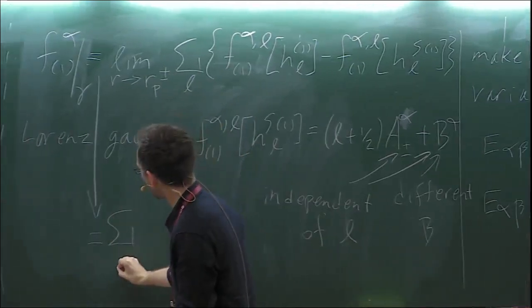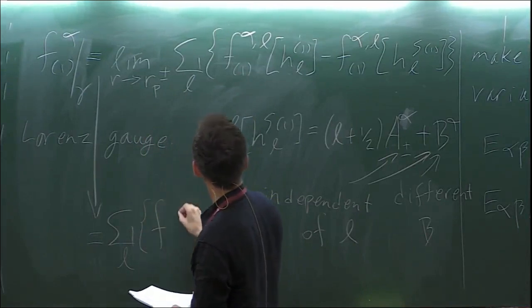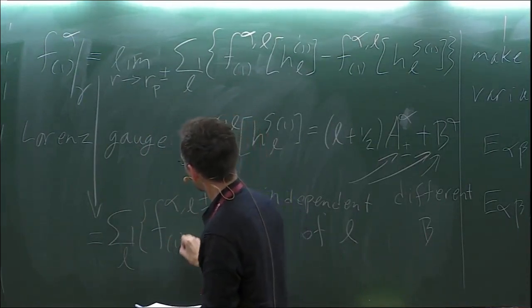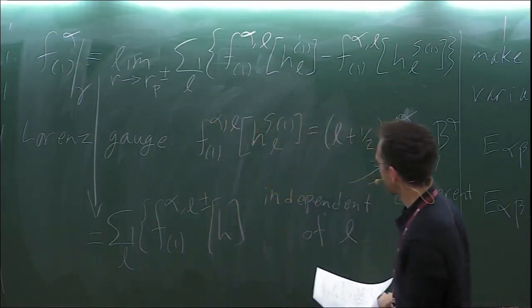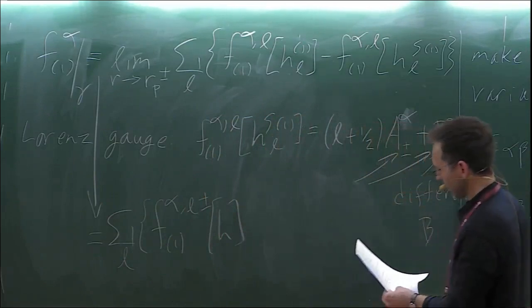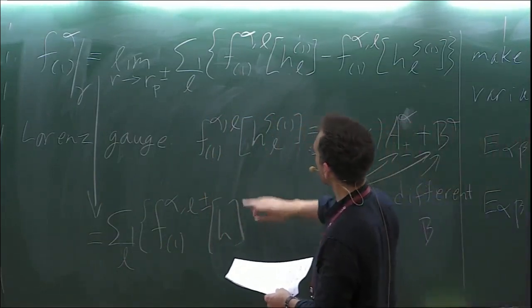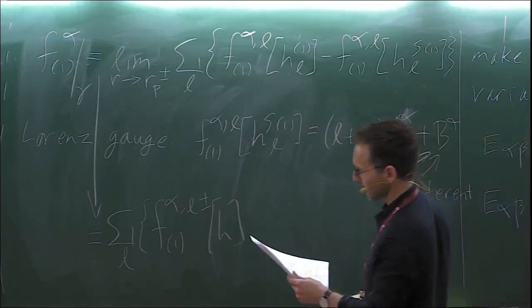Then you have everything you need to calculate the self-force. Okay, now I just want to quickly run through an example of why the individual modes are finite in these cases.